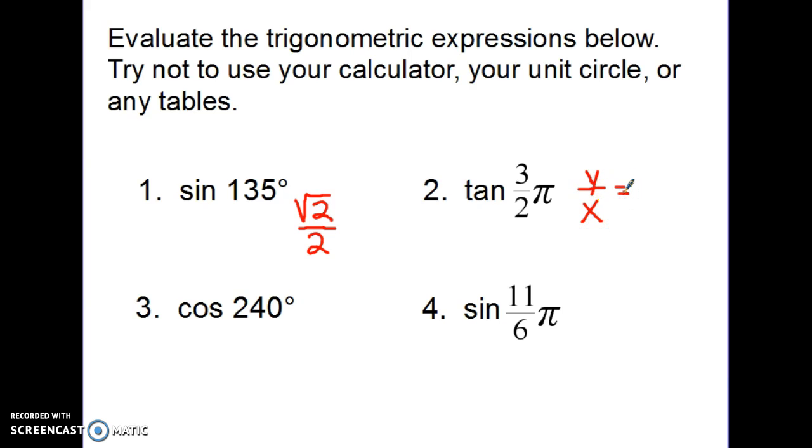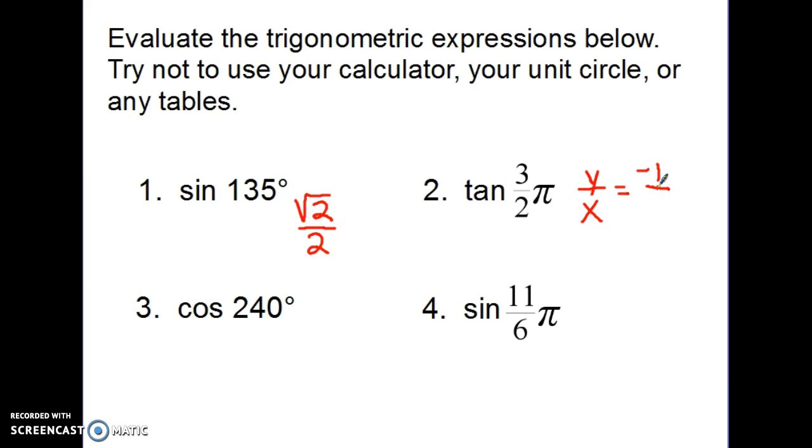So what's the Y value at that point? Look at the point: -1. -1 is the Y value. At 3/2 pi, you should have a coordinate pair of 0, -1.